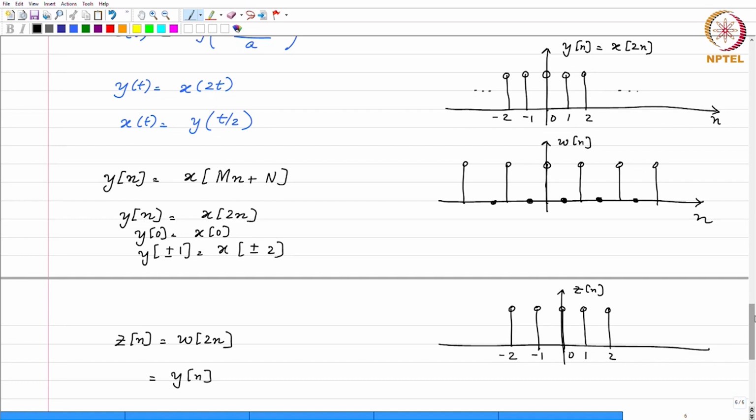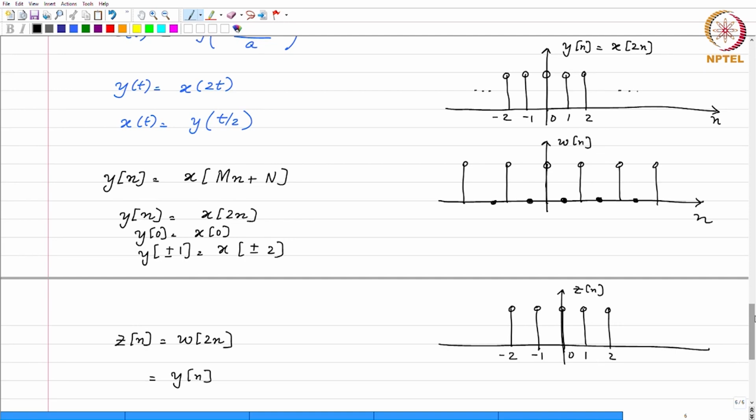So in sharp contrast with respect to the continuous time case, where given y of t as x of 2t, you can go back to x of t by expansion by a factor of 2, here you cannot.